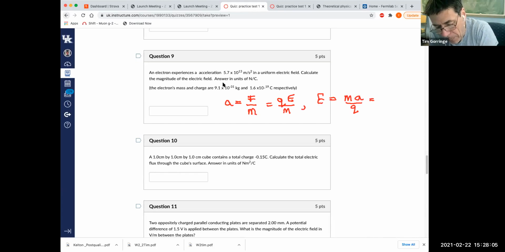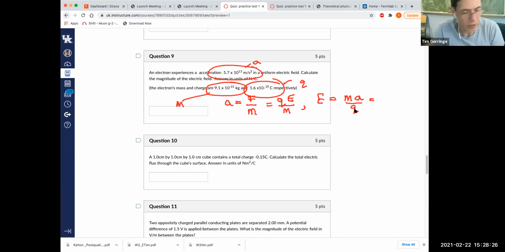So downstairs here, here's the mass. Also downstairs here, here's the charge. And upstairs here, here's the acceleration. And so I just plug in A, M, and Q. I won't write down all the numbers.